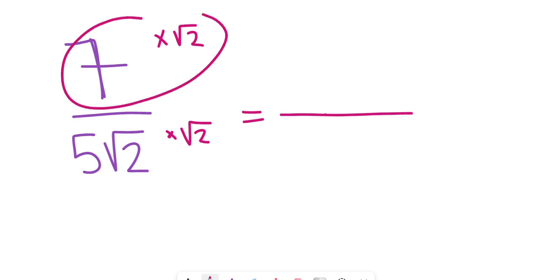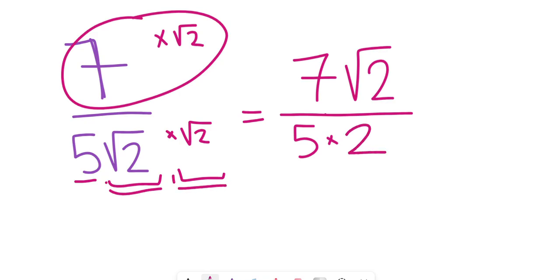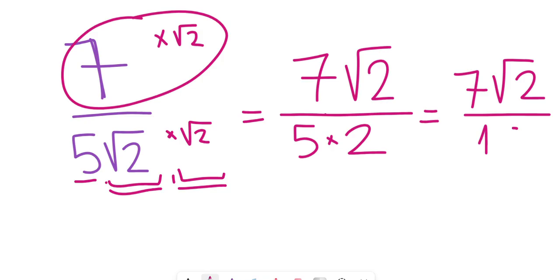Okay, what does it become then? 7 multiplied by square root of 2, 7 square root of 2, over 5 square root of 2 multiplied by square root of 2. That is equal to 5, and then square root of 2 times square root of 2 is 2, right? So we have 7 radical 2 over 5 times 2 is 10.